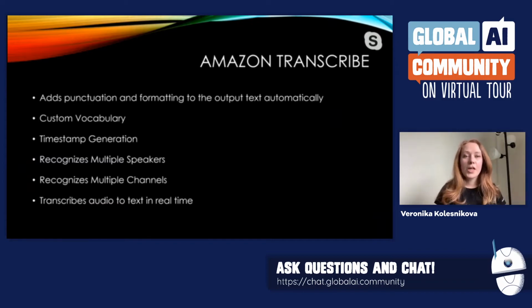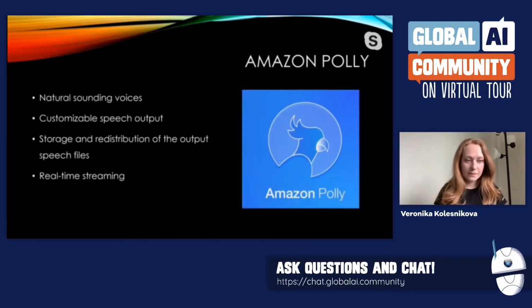And by multiple channels, they mean if, for example, one user is using the application through the phone, and another user is using it through, for example, an Echo Dot, then it will recognize the channels, how your users are accessing your application and through what device they are talking to the application. And they also can transcribe audio to text in real time, like Google and Microsoft offerings.